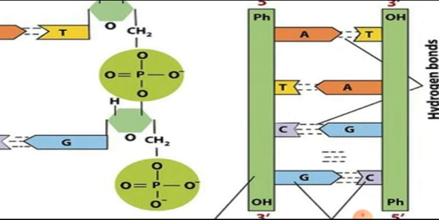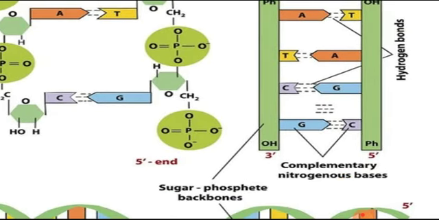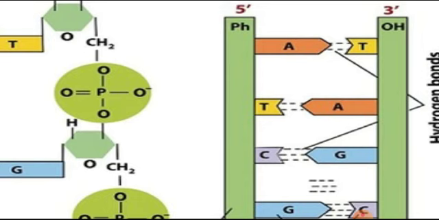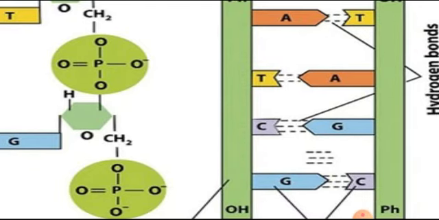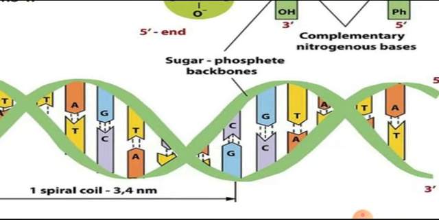Nitrogen bases project inside. Here we can see complementary nitrogenous bases: adenine pairs with thymine with the help of two hydrogen bonds, cytosine pairs with guanine with the help of three hydrogen bonds. There are 10 base pairs in each helix. The pitch of one helix is 3.4 nanometer.